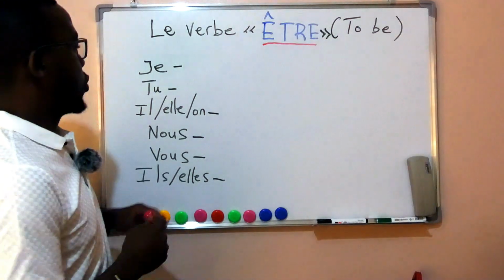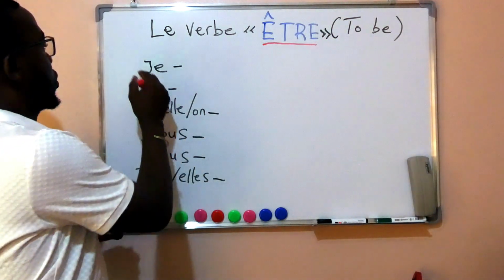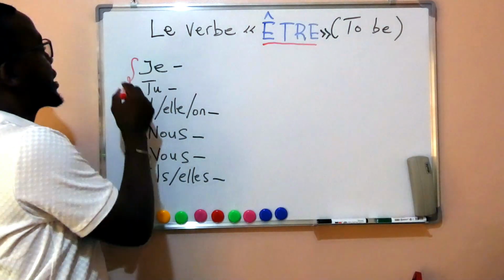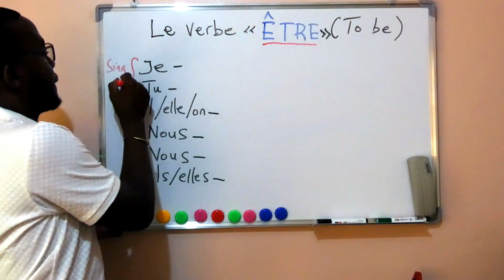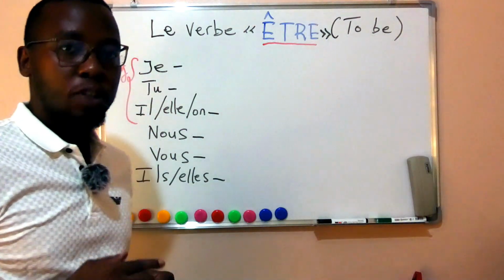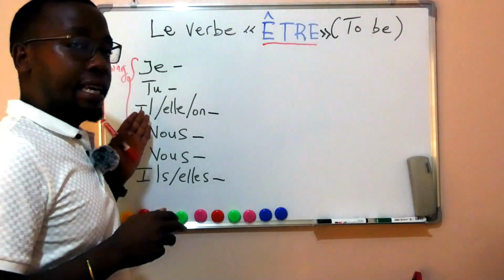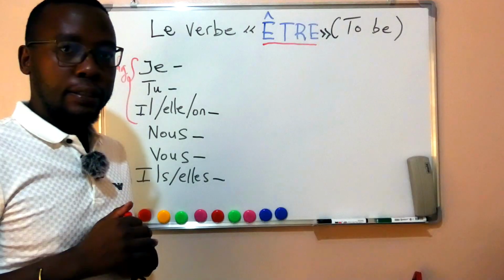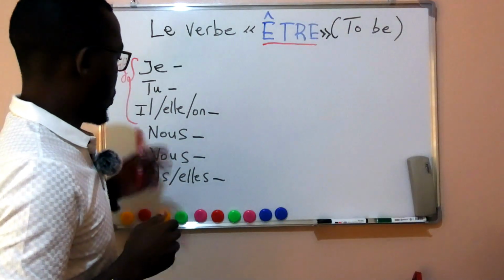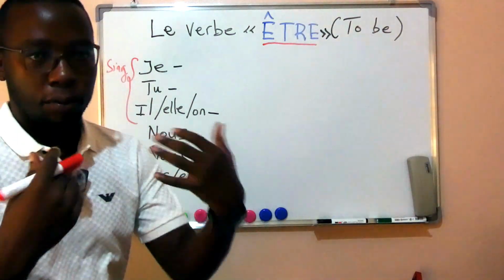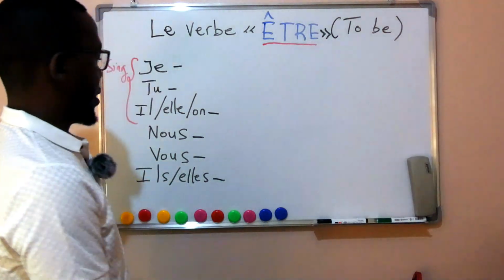We call these personal pronouns singular: I, you, and then il and elle, and on.